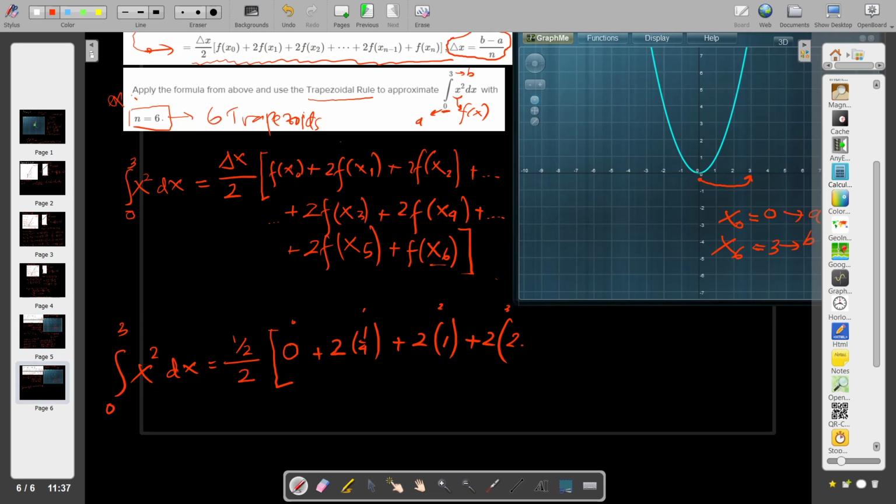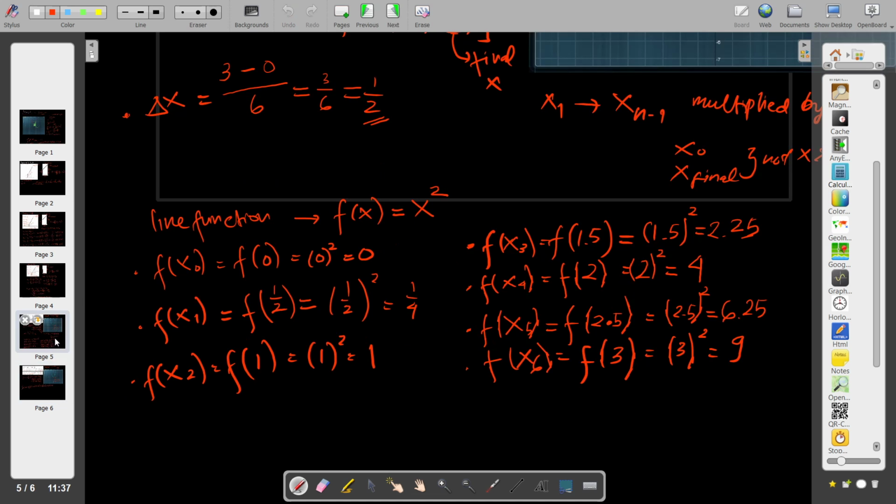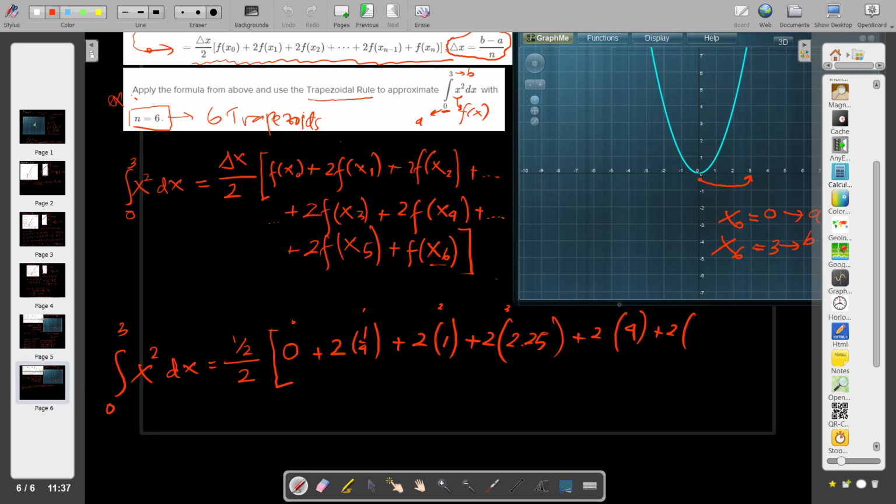Plus 2 f(x4), where f(x4) is 4, plus 2 times f(x5), where f(x5) is 6.25, and then plus only f(x6).